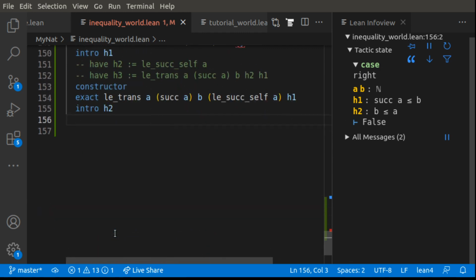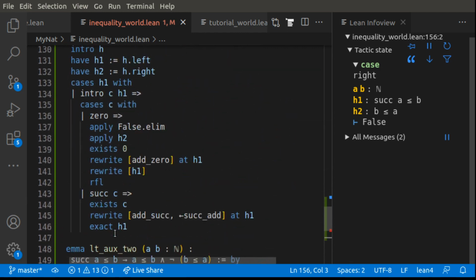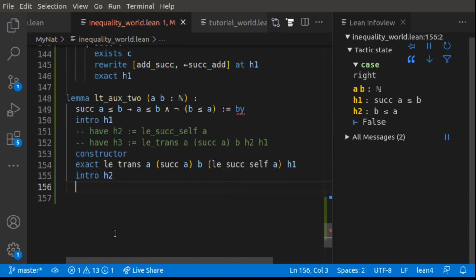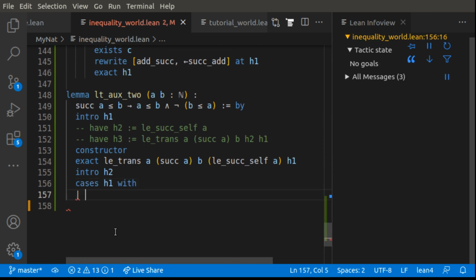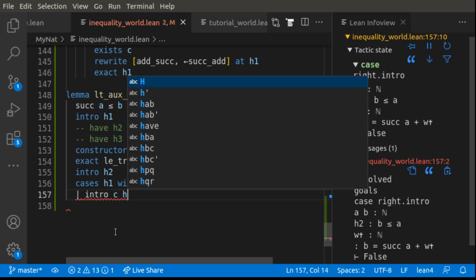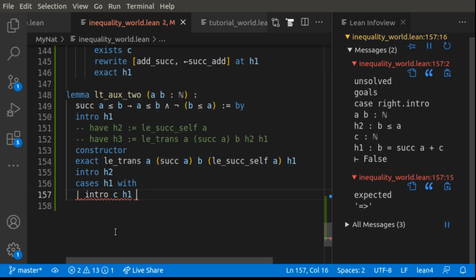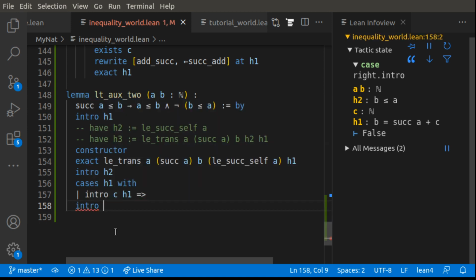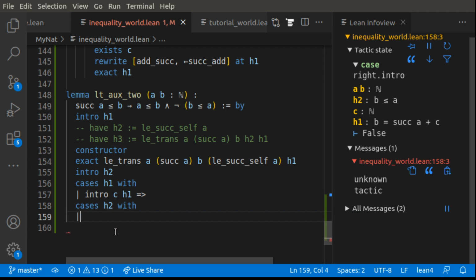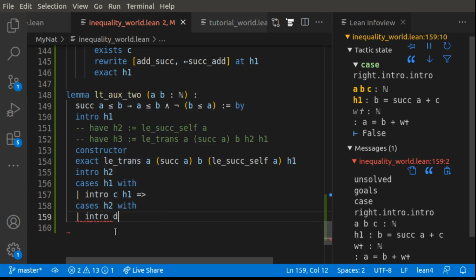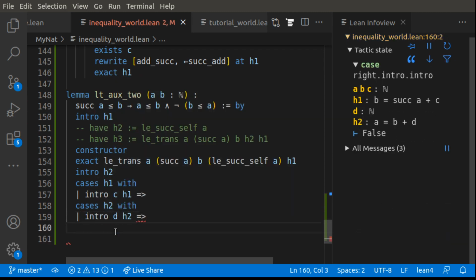Well, let's start by just doing our cases. Cases h1 with intro c h1, intro, okay, let's see, cases h2 with intro d h2. Okay, what are we left with here?